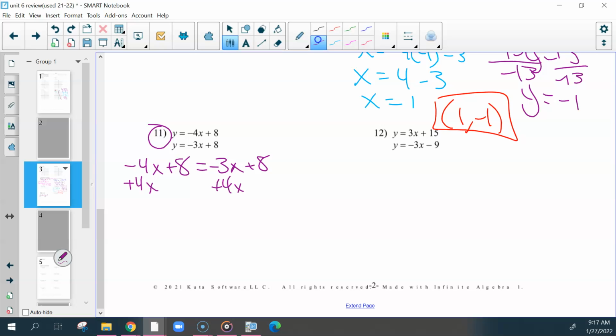Why did they make them each other? Since they're both y equals, I could put this in for this y, or I could take this and put it into this y. I understand. Okay.